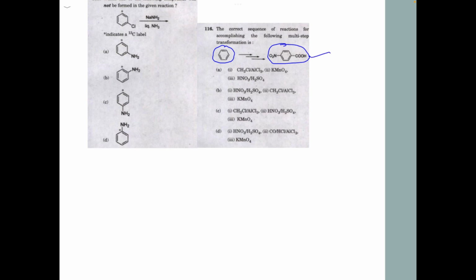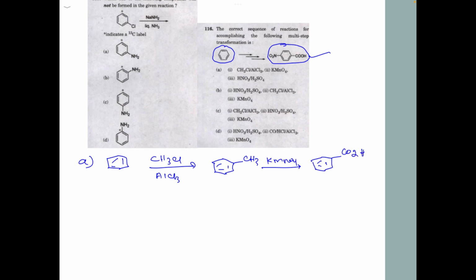First we will take option A. When we treat benzene with methyl chloride in presence of aluminum chloride, it will undergo Friedel-Crafts alkylation and we will have toluene. If we oxidize the toluene with KMnO4, we will have the corresponding benzoic acid.